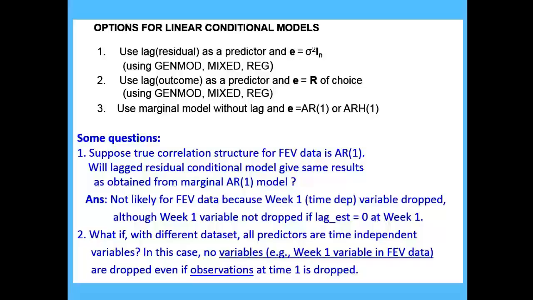I didn't include that when I made up the data set. I just came up with some numbers so that in the first week the FEV scores were high and then they dropped down for the other weeks. But I didn't actually try to make the correlation structure AR1.